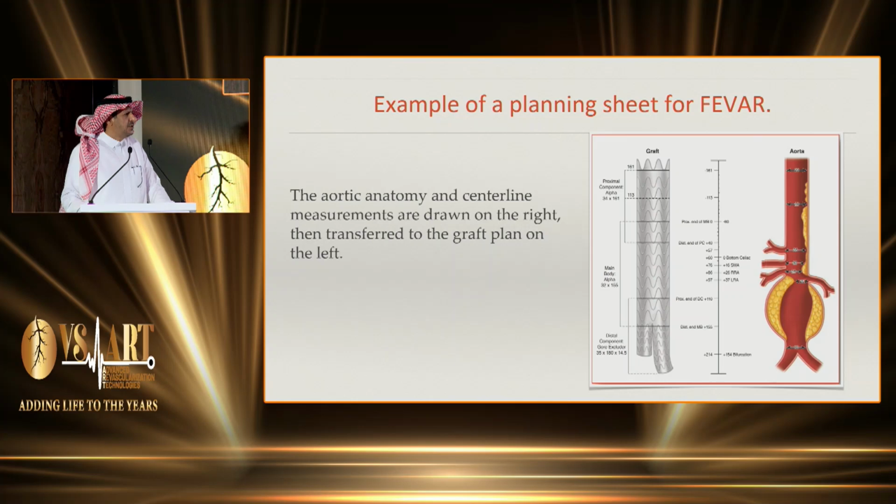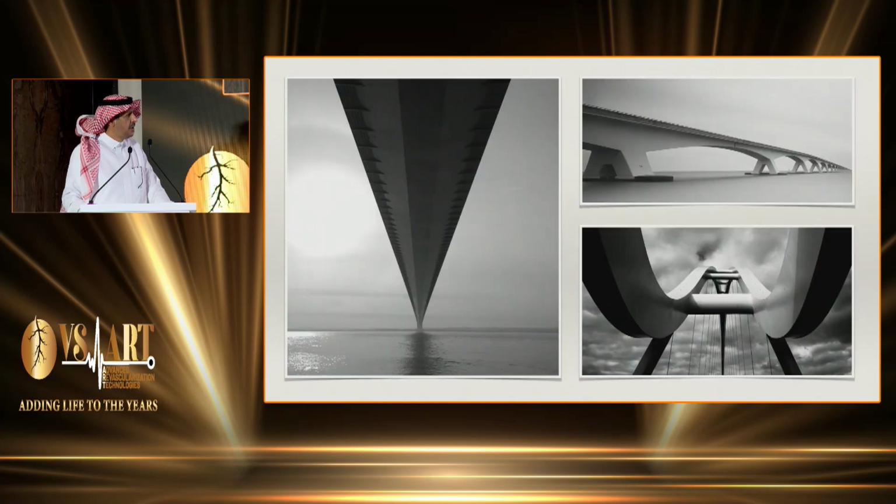When we plan a patient for endovascular surgery with fenestrated or branched graft, we have to plan the surgery properly, looking at the proximal and distal landing zones, the lumen of the aorta, the sac dilatation, the distance between the vessels, and the angulation of each target vessel. With good planning, you have a good result.